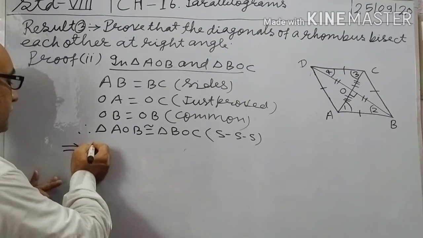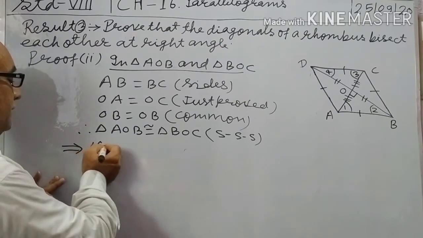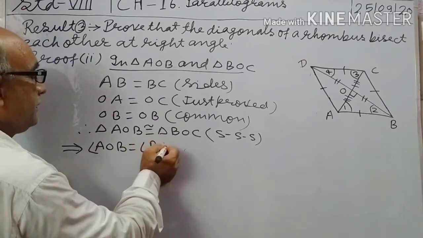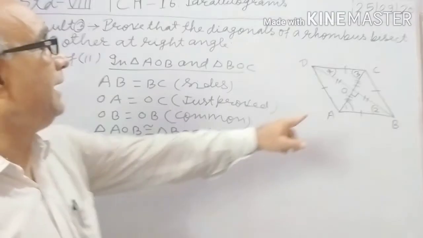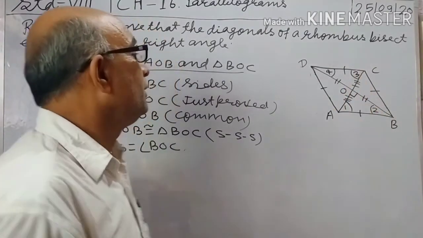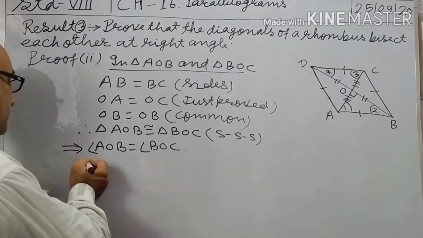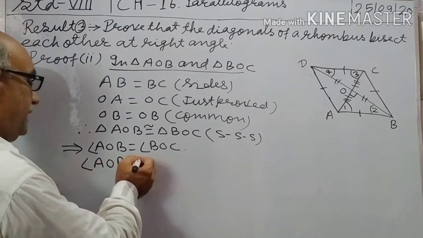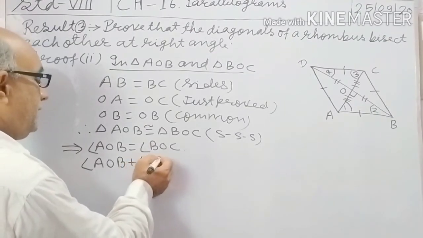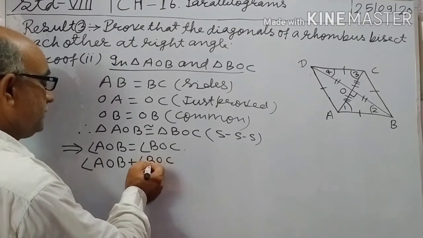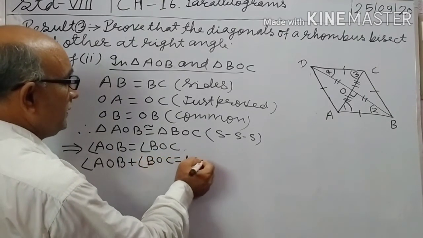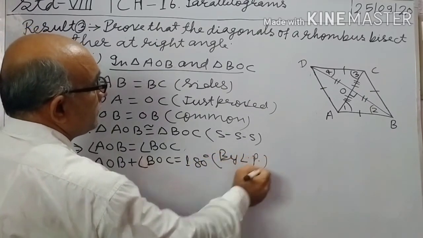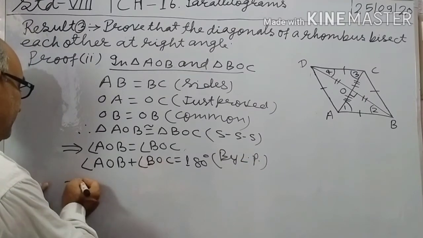Now angle AOB equal to angle BOC. Angle AOB plus angle BOC equal to 180 degrees by linear pair.